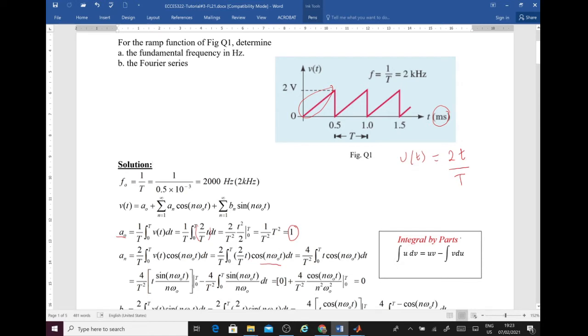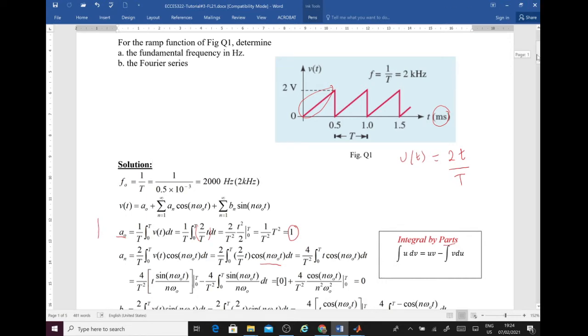We can take the integration by using integral by parts. So if you have u dv, the result will be u times v, so we take the integration of dv, then subtract the integral of v times the derivative of u, du. So then we're going to use the integral by parts to find the result.